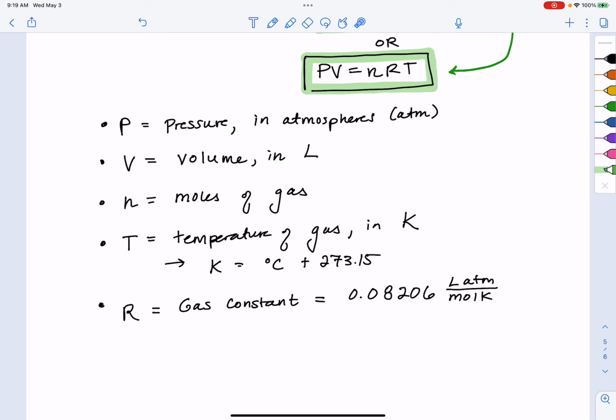So I remember this by phonetically sounding out what this sounds like, latum per molk. So you can remember that, liter atmospheres per mole Kelvin. And this is something that I highly recommend that you memorize. Again, I will give it to you on exams, just like I promised I would give you the specific heat capacity of water on exams, but you're going to be using this constant so much that just knowing it off the top of your head is going to be a real big time saver for you.